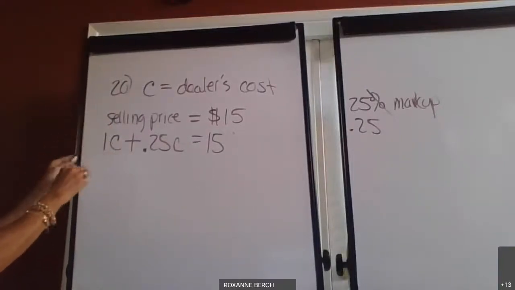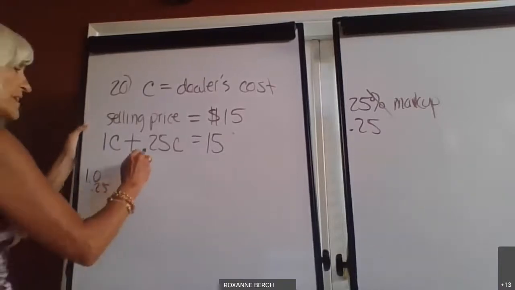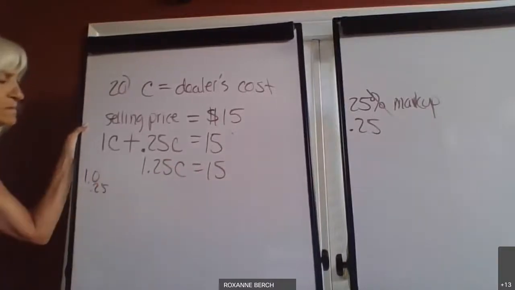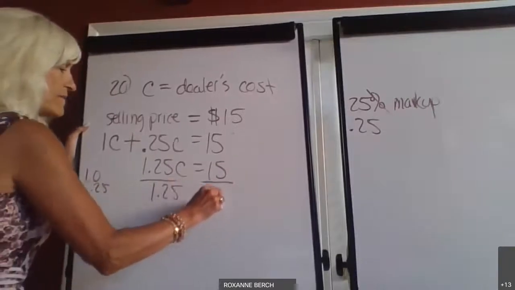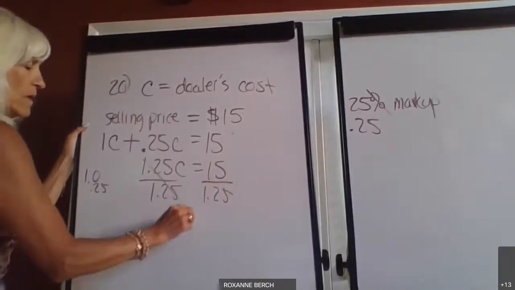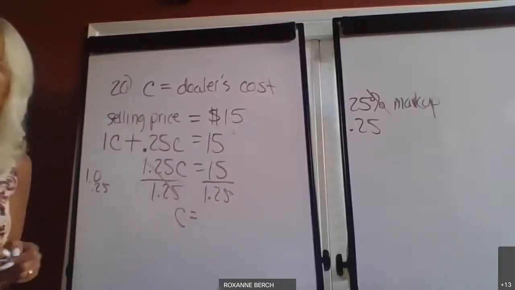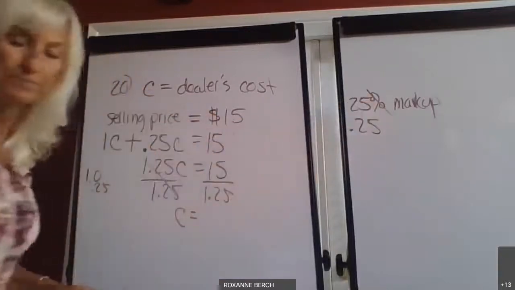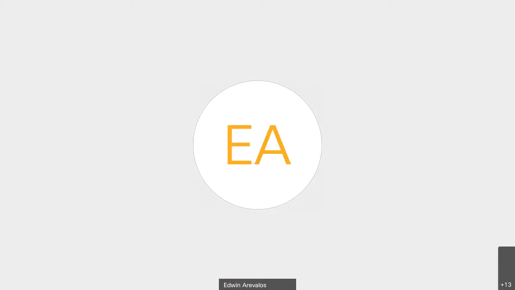When you line up the decimals, this would be 1.0 plus 0.25. So wouldn't this be 1.25C? So you divide by 1.25. So can you tell me on the calculator, please, what's 15 divided by 1.25? 12. 12? Yeah. Even?